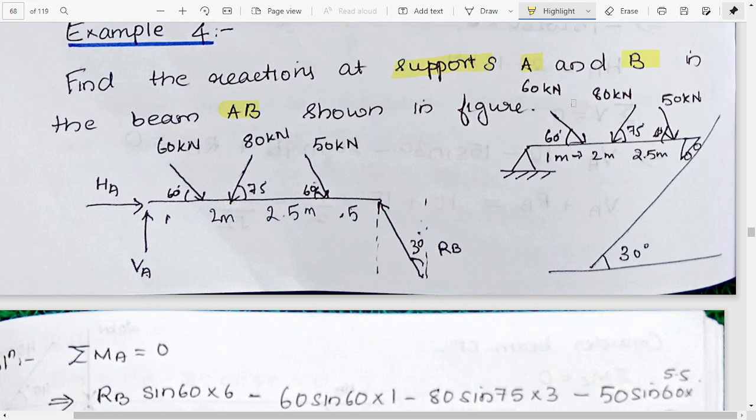We have a 30-degree angle here, then this force is like this, then another force like this, then we have another force, then here we have a hinge, here we have a roller. So we need to find the reactions. Reactions implies that we need to find the vertical force like this, the horizontal force HA, then here we need to find the RB value.